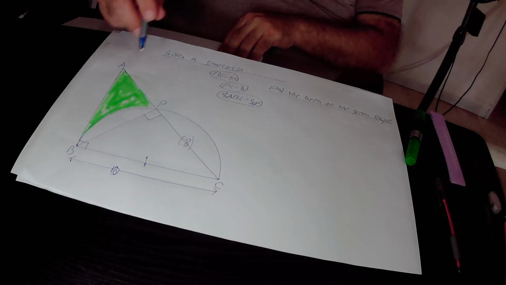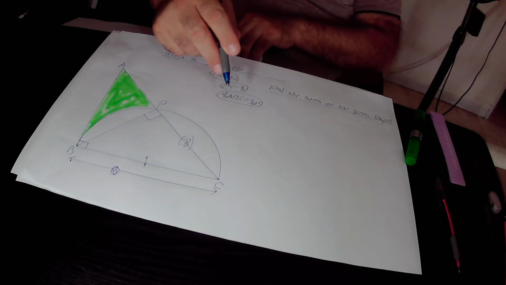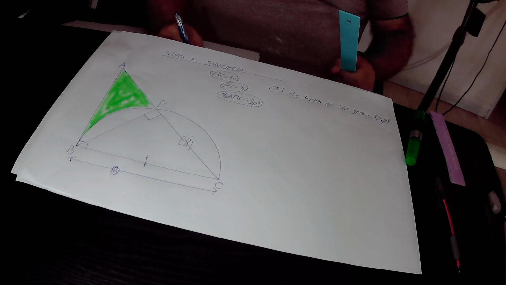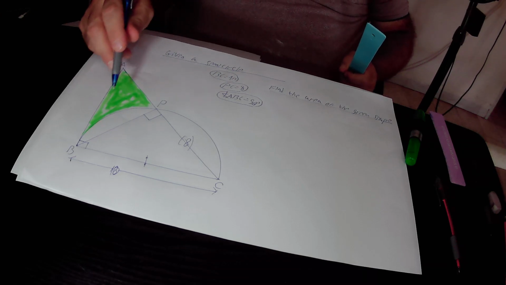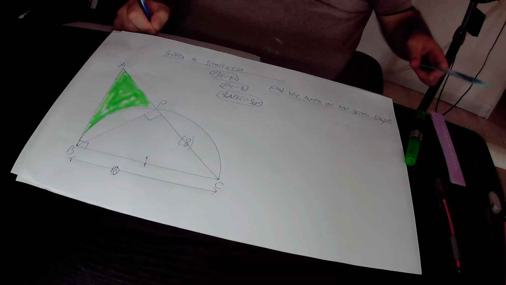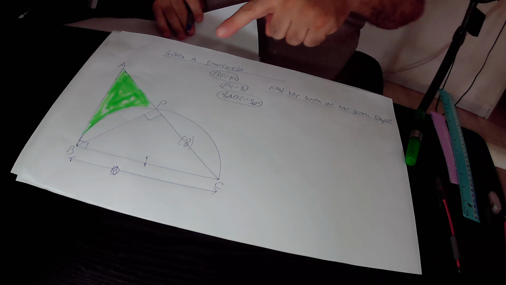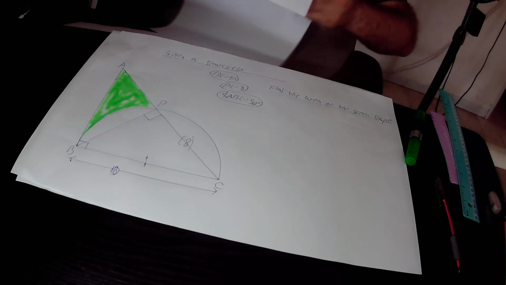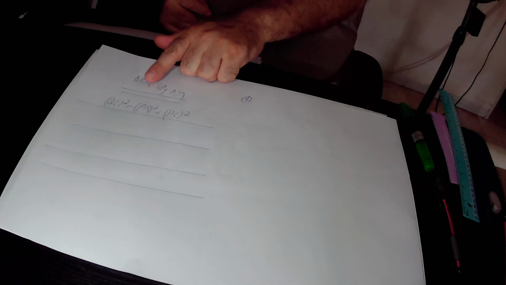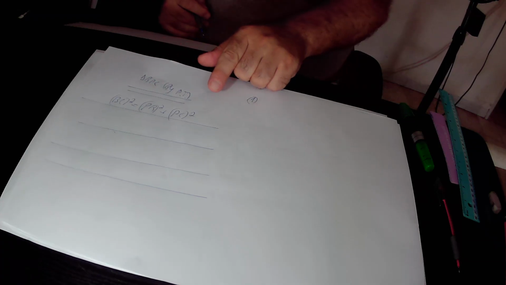So in the right triangle BPC, BC is the hypotenuse, therefore the square of the hypotenuse is BC squared, and it equals PB squared plus PC squared. So according to the Pythagoras theorem, in this right triangle PBC, BC squared equals PB squared plus PC squared.